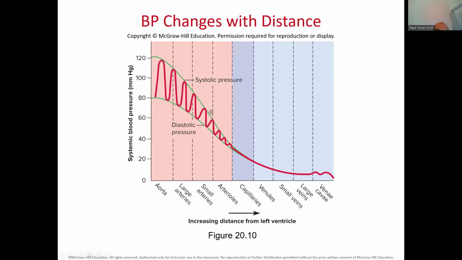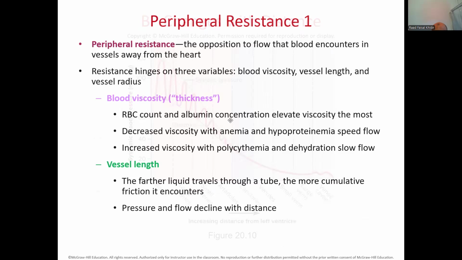What does this figure show you? It shows that the aorta has the highest blood pressure, followed by large arteries, small arteries, and as you go farther away from the heart, the blood pressure keeps dropping. We said that blood viscosity is going to increase blood pressure. So the resistance is going to increase with the viscosity.